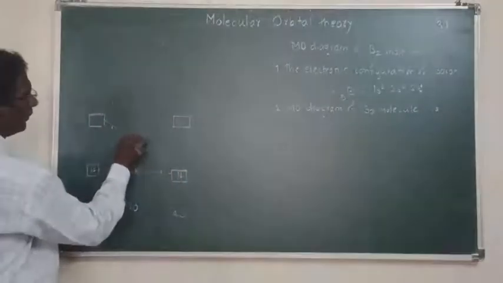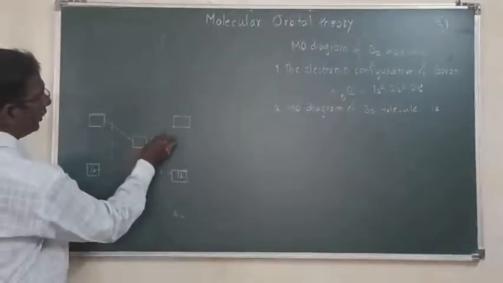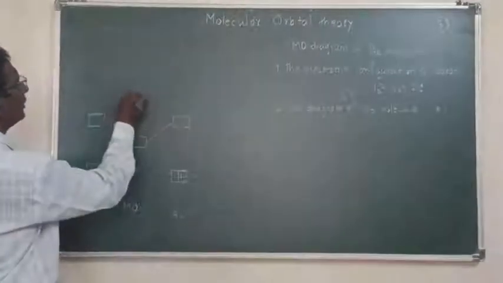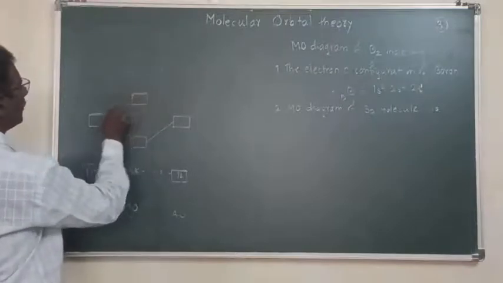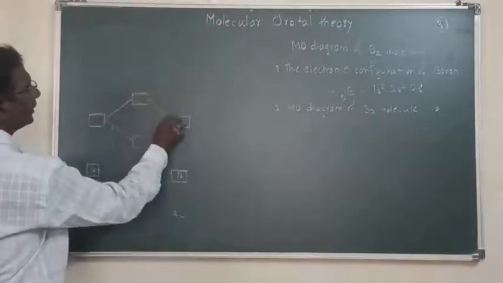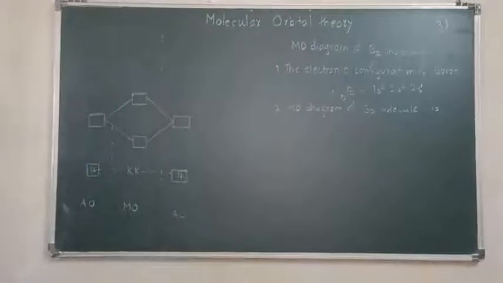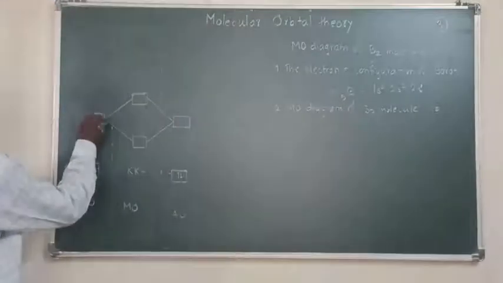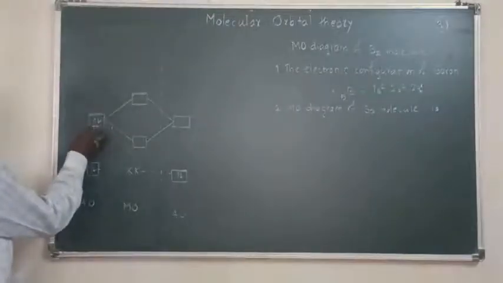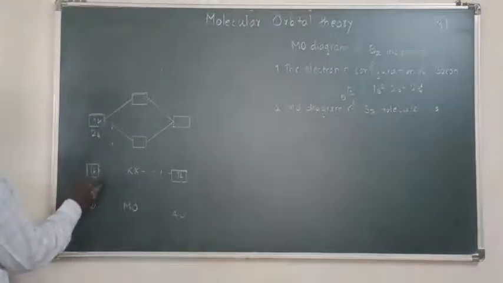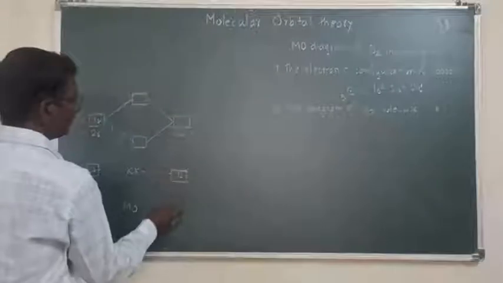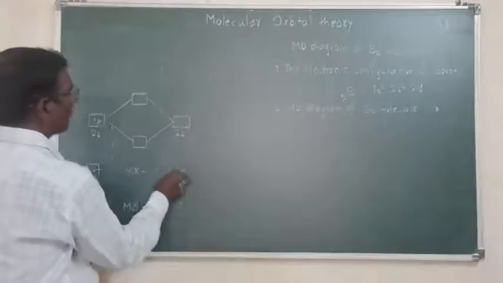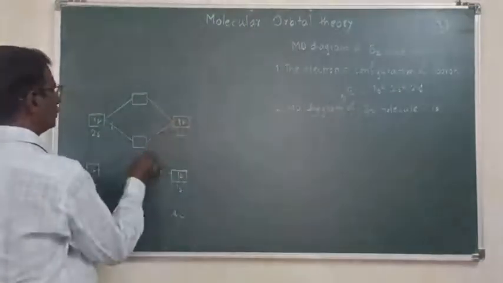Here molecular orbitals are drawn in the middle like this. This is sigma 2s, this is 1s. Here 2s orbital of other boron atom. Electrons are 2.